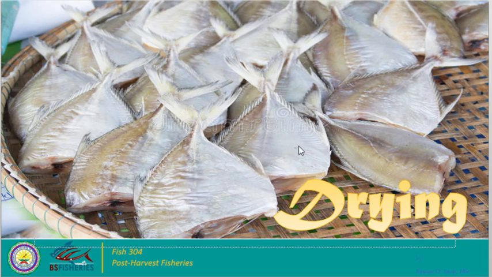As you can see in this figure, this is the moisture content level, and the horizontal axis defines the drying period or the drying time. During the constant rate period, the rate of evaporation is uniform, so more or less linear.